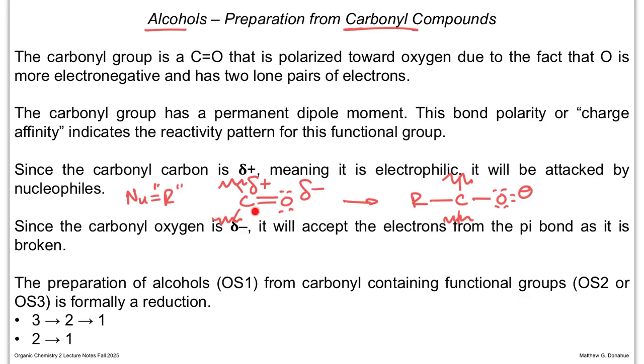So in general, a pi bond is weaker than a sigma bond. So the nucleophile can attack the carbon, and it's going to break the weak pi bond. And through that, not only is the hybridization changing from sp2 to sp3, but the oxidation state is being reduced.